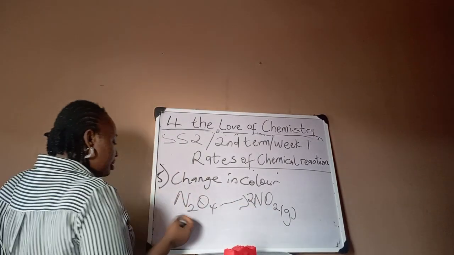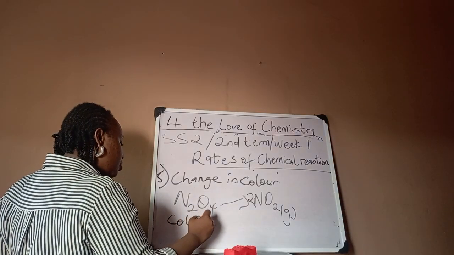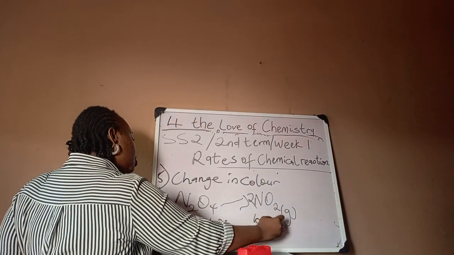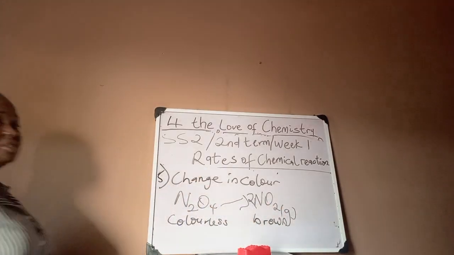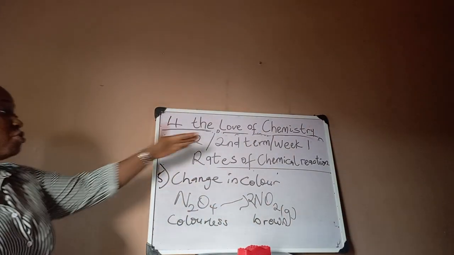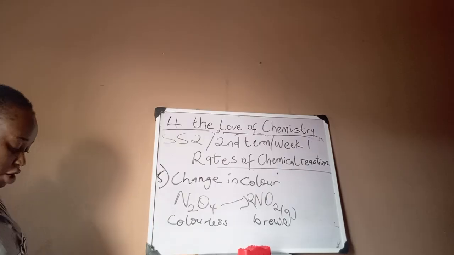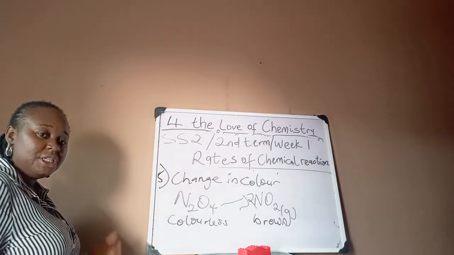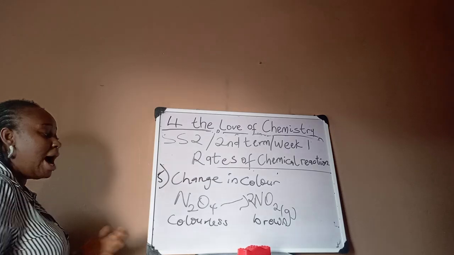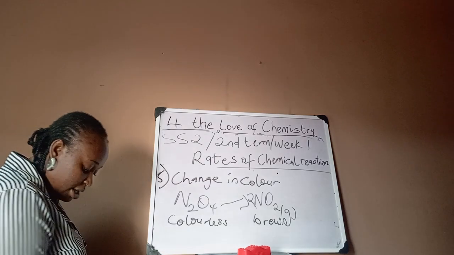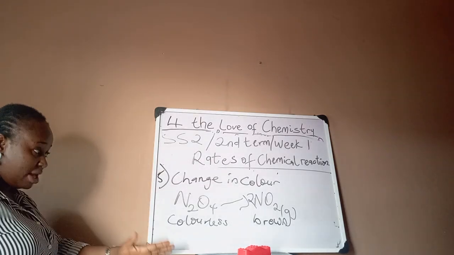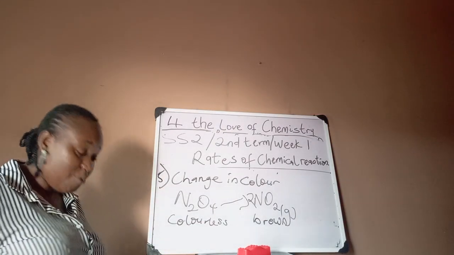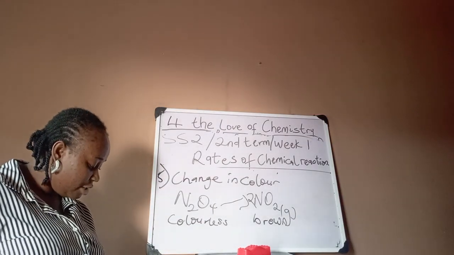Because you know that you started with a colorless solution, the rate at which the color changes can be used to determine the rate of this reaction. So the fastness of the color change will tell you how fast or how slow the reaction is. And there are so many other reactions that have to do with color change, and with that you can determine the rate of the reaction.